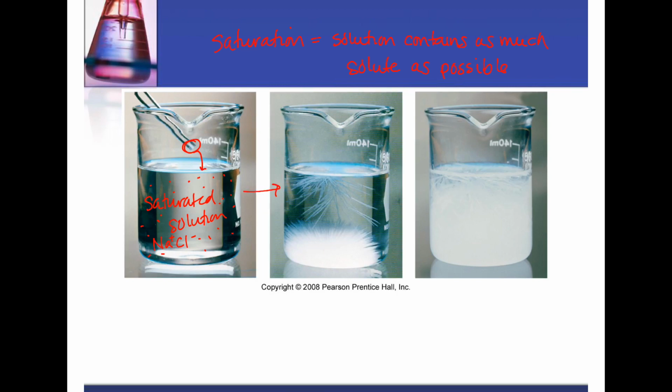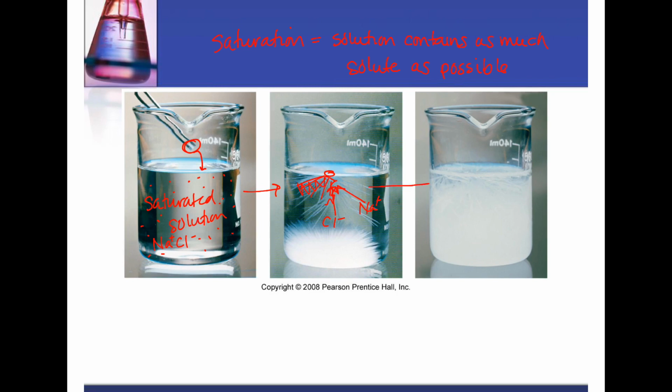You can see that as soon as that crystal hits the surface, we start to get a solid. So what is happening there is the sodium and chloride ions that were in solution are creating crystals. They're getting closer to each other because there wasn't any more room in solution. So they're forming a more dense area, and that's what we call a solid.